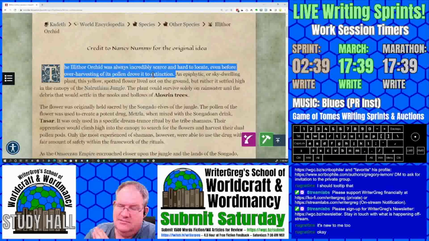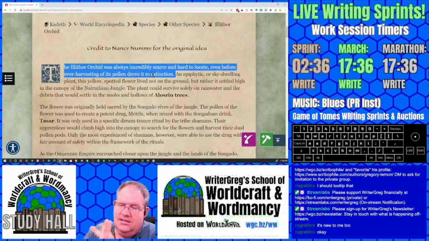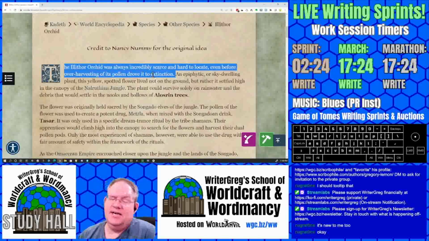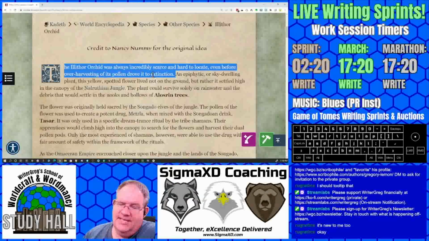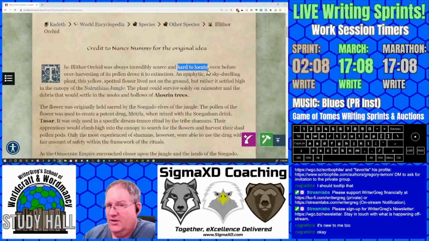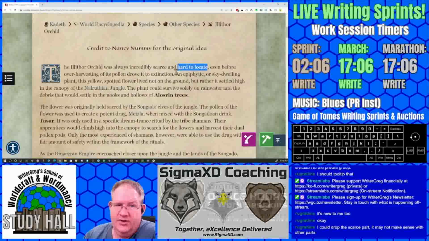The Illithor orchid is a scarce flower, because scarce and hard to locate is the same thing. I don't know if you need to say scarce and hard to locate, because things that are scarce are hard to locate, and things that are hard to locate are scarce.